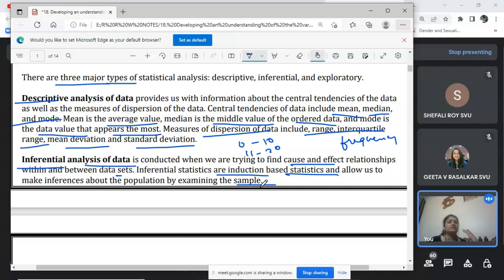Obviously it is impossible to take the opinion of all 60 students of the class. So we take only 5 or 7 students randomly and take their feedback. That is sampling we are doing.